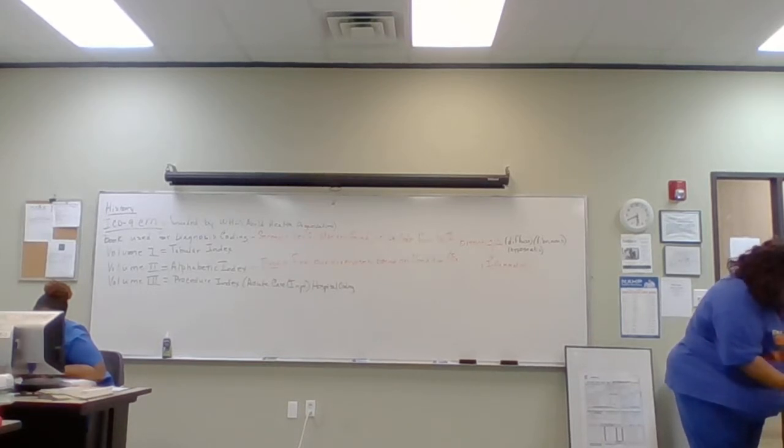The gray area is your alphabetic index, and you want to go over into the table of neoplasms. That's another category. We'll talk about that. Keep going. The fuchsia color is your table of drugs and chemicals. Keep going. And you want to get to this. This is about external causes and injuries. We'll talk about that. Skip that.